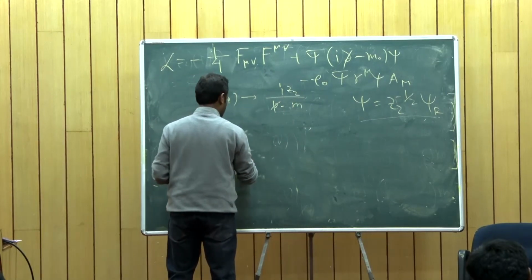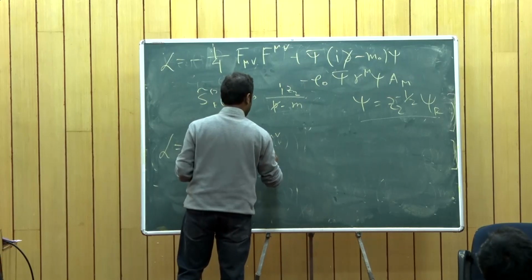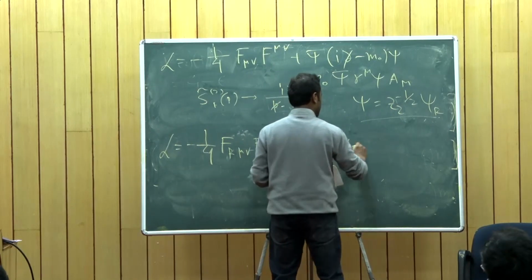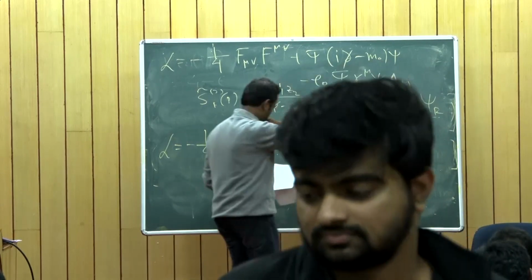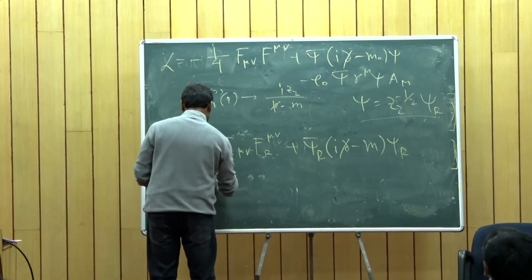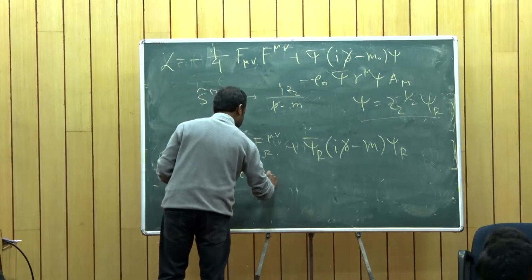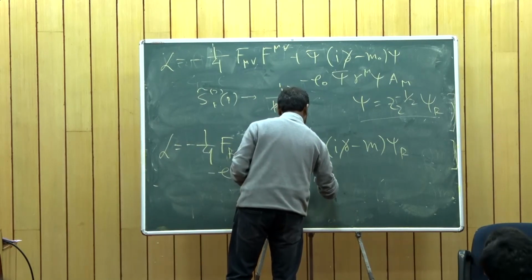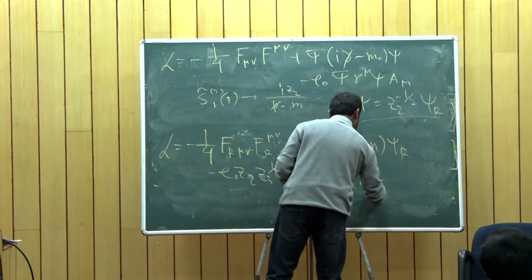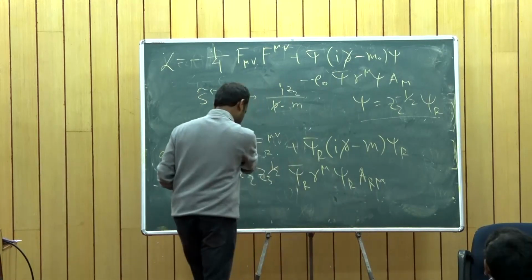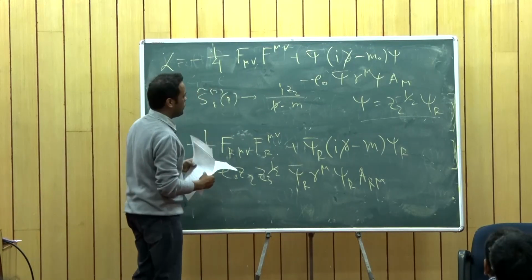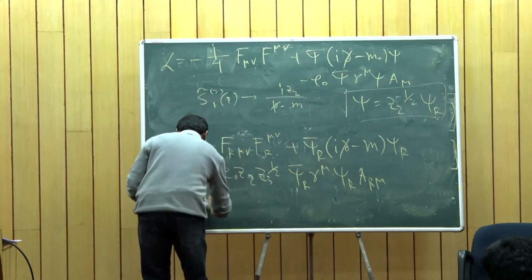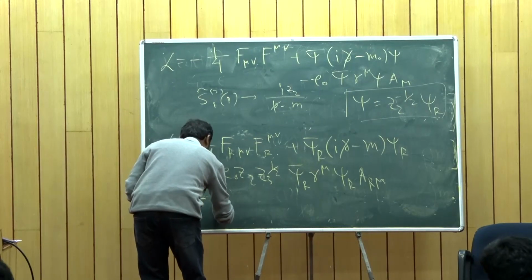So, this is in terms of... so you have this Lagrangian in terms of... so what I just did, I just replaced all the fields, let's say, with this, okay, and I have this extra term, minus 1/4.